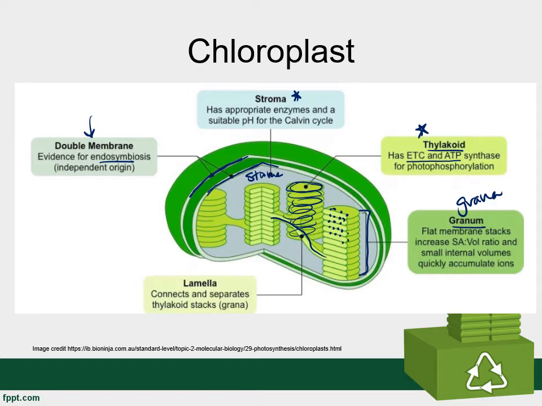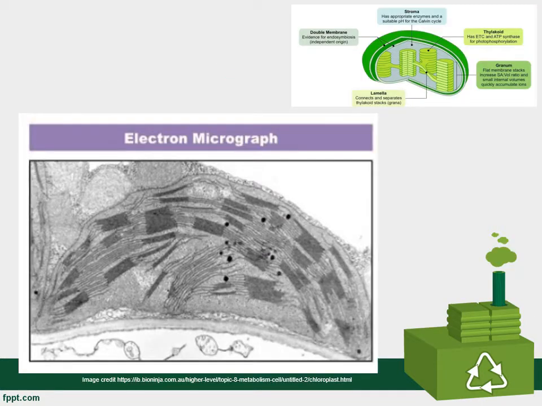Also, ATP synthase is embedded in these membranes. So the first stuff that we're going to talk about, the light-dependent reactions, happen along those thylakoid membranes. The light-independent reactions happen in the stroma. So we'll talk a lot about thylakoid first, and then we'll look at the stroma next.